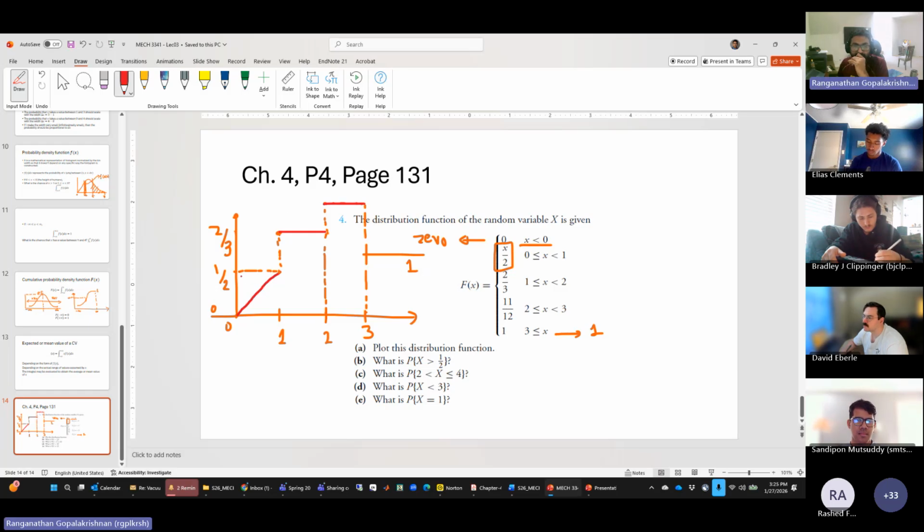So this is x divided by 2. This is 2/3. This is 11 twelfths.